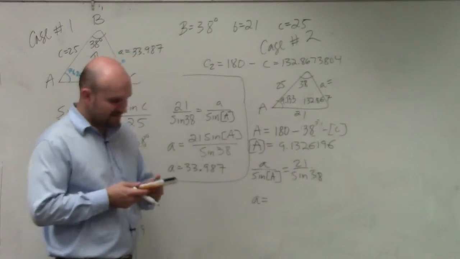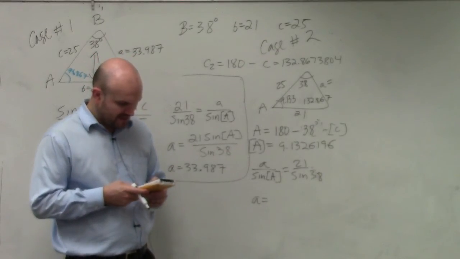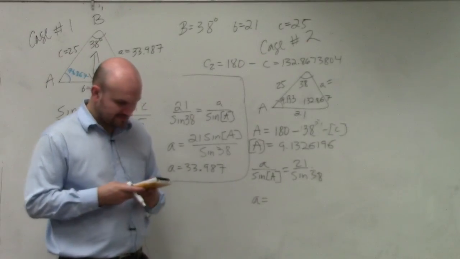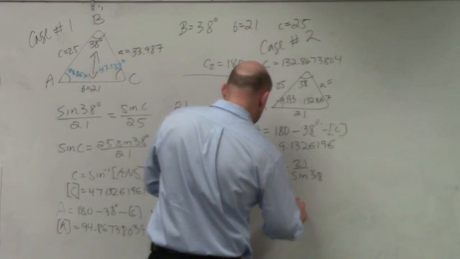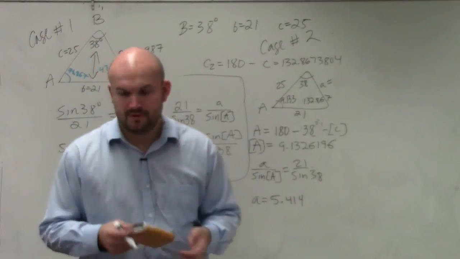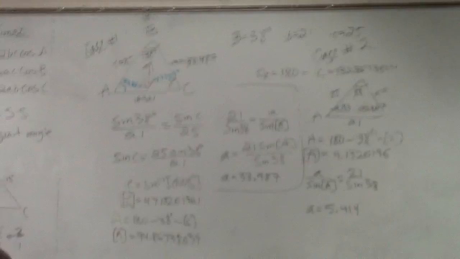And then multiply by sine of A on both sides, so you get 21 times the sine of alpha A divided by the sine of 38. It's a lot of work. And then what you would do is just fill in the rest of that triangle.